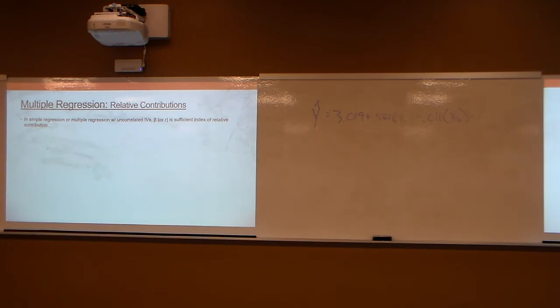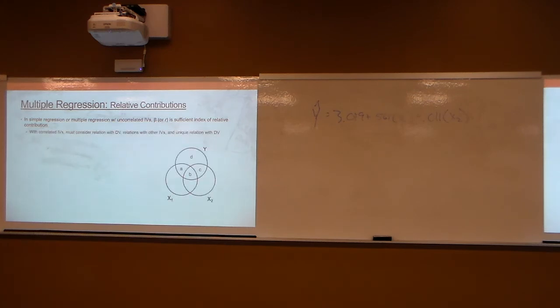All right. So we're thinking about relative contributions within multiple regression. In our simple regression, or if we have regression with a set of uncorrelated x's, my standardized coefficient or my simple correlation is going to be a reasonable estimate of the relative contribution of my individual predictors.